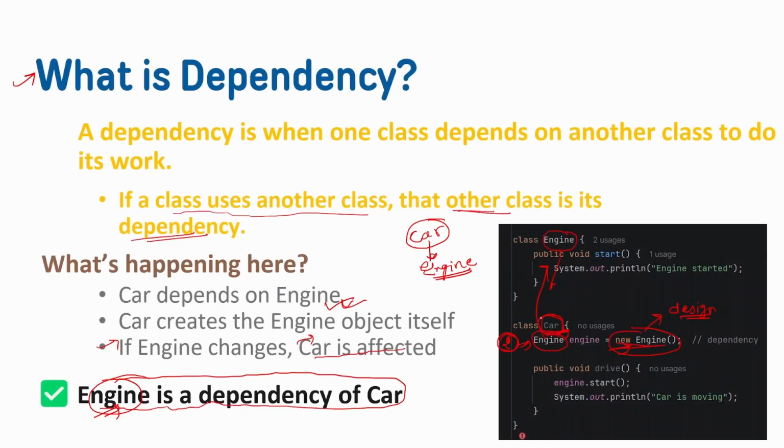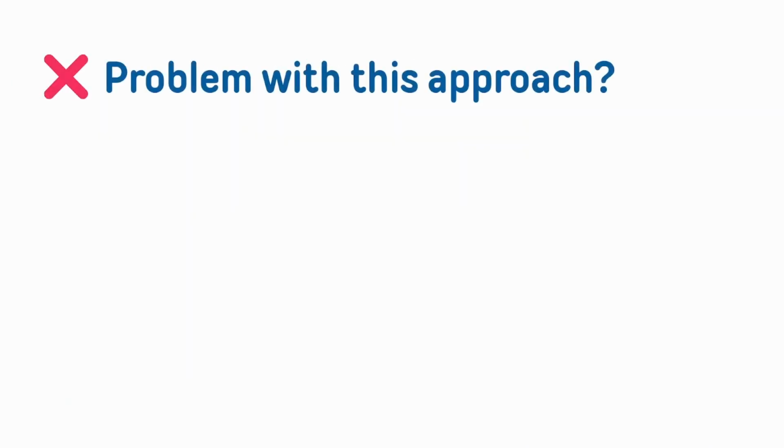Here you can see the Car is creating the Engine object itself. So it is a major design problem. Why is it a major design problem? Let's see why this is a bad approach. What is the problem with this approach, in which the Car creates its dependency itself?